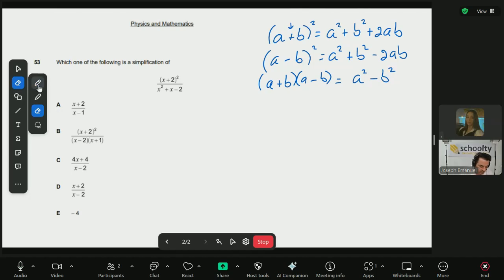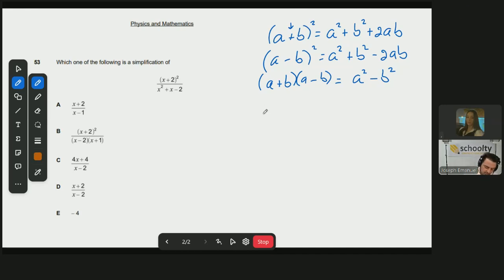This one. So let's see what we have here. x plus 2 all square divided by x square plus x minus 2. So by the rules, what can we do here?